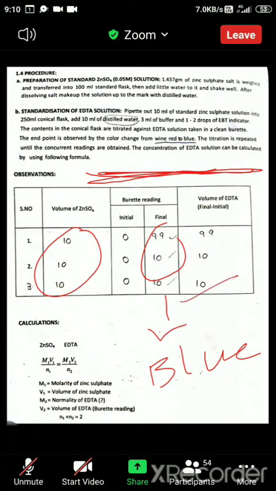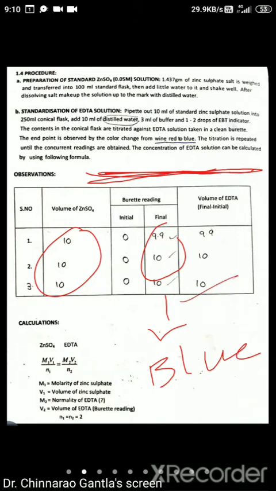The contents in the conical flask are titrated against EDTA solution taken in a clean burette. The endpoint is observed by the color change from wine red to blue. The titration is repeated until concordant readings are obtained. The concentration of EDTA solution can be calculated by using the following formula.